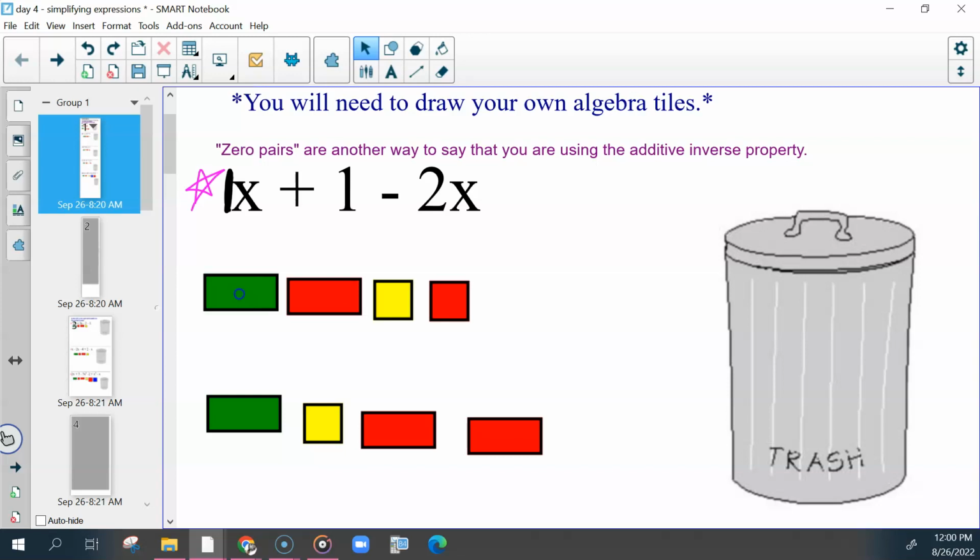When we think about those, they're like the additive inverse. But in this case, it would be a positive and negative of the same kind, a positive negative x or a positive negative 1. Do we have a 0 pair here, something that's a positive and a negative? You could say yes or no out loud.